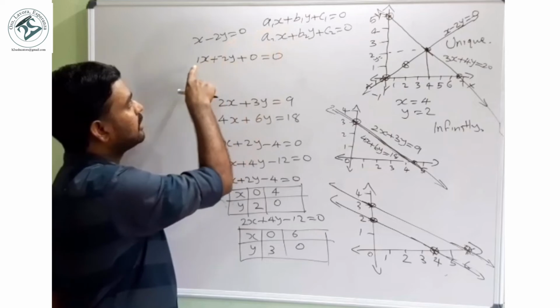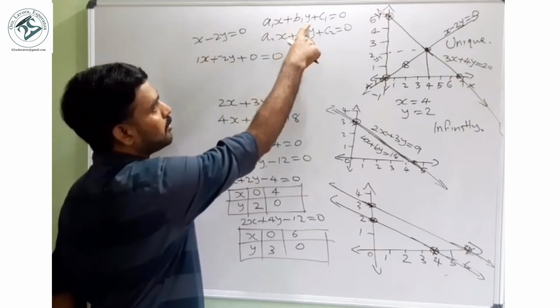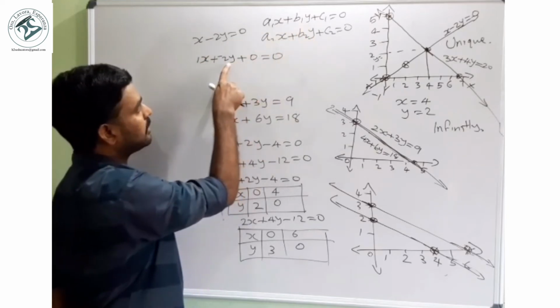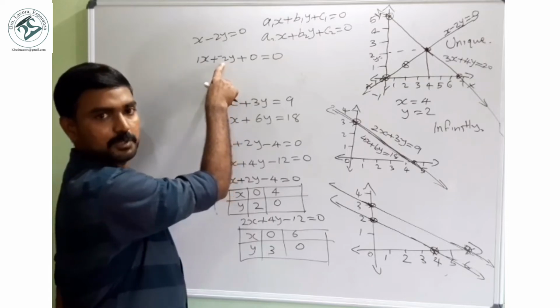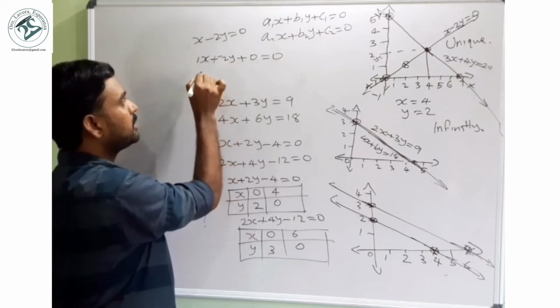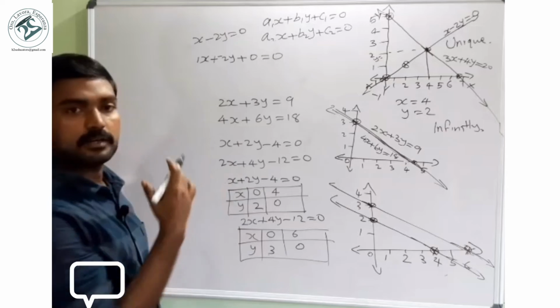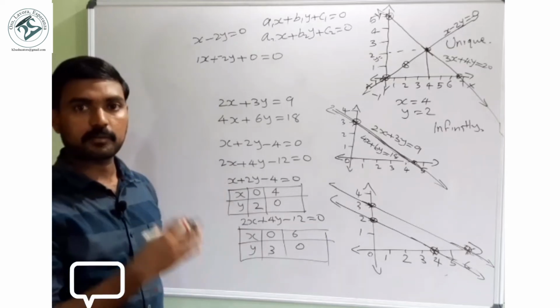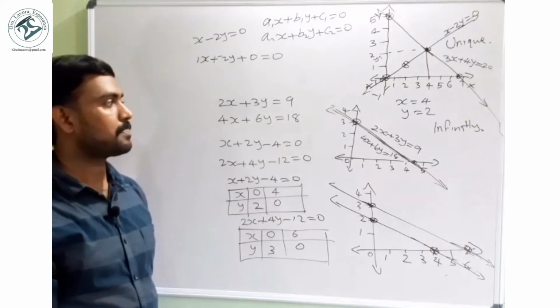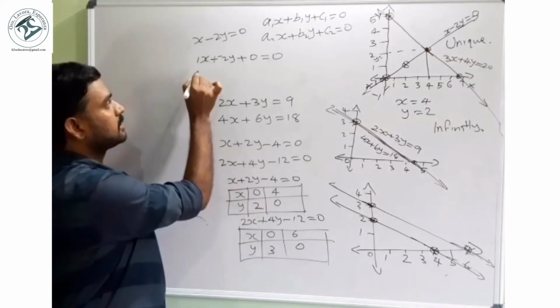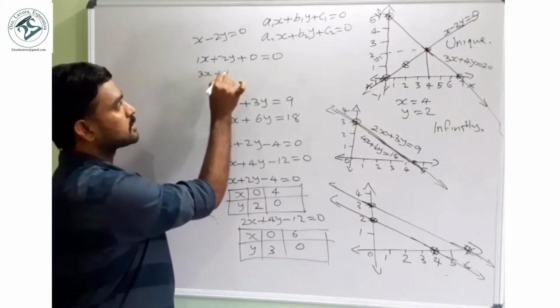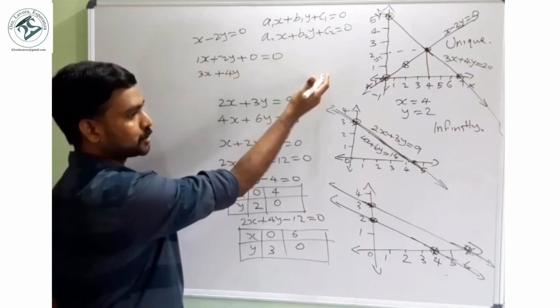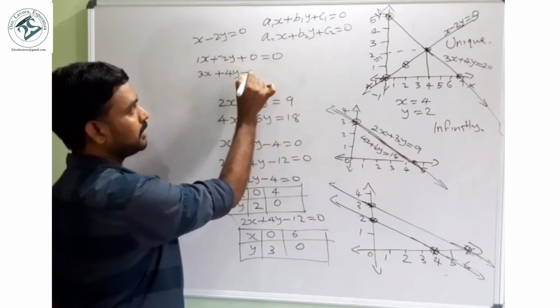What is a1 here? 1. What is b1? The number that stands nearest to y, it is minus 2. So this is b1. So we can find a1, b1, c1 very easily if we represent in standard form. Now our second equation, it was 3x plus 4y equal to 20. That 20 brought to this side will be minus 20.